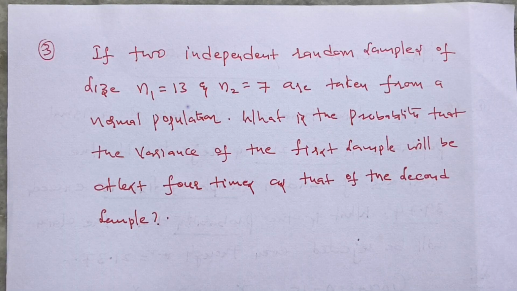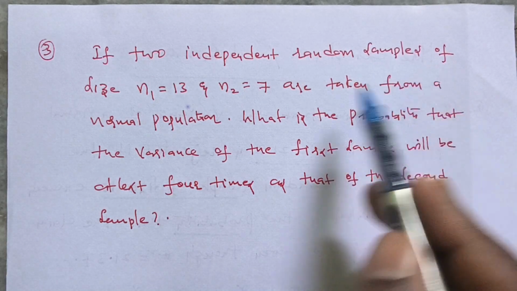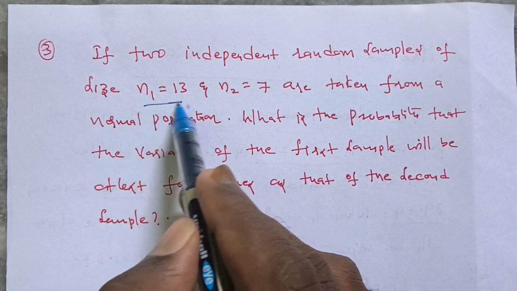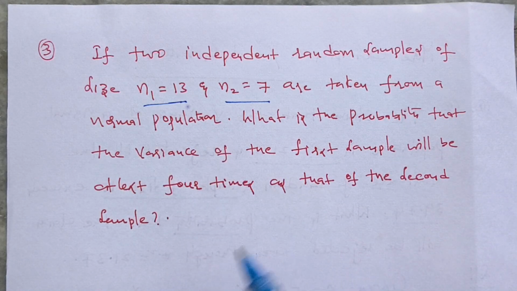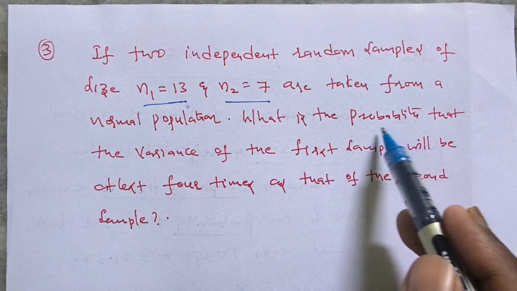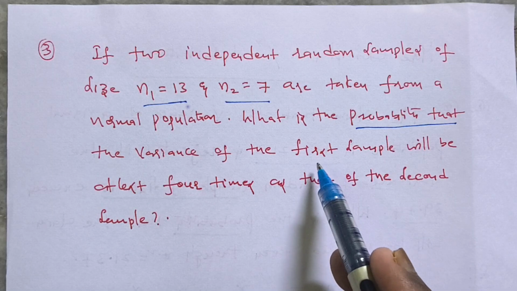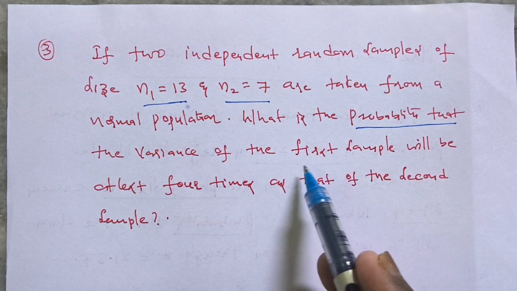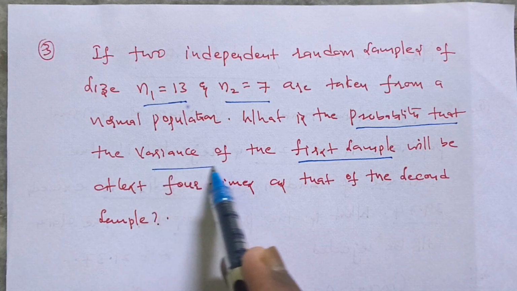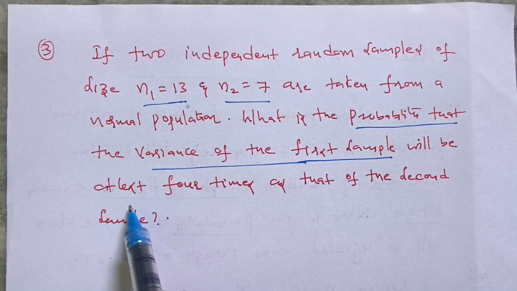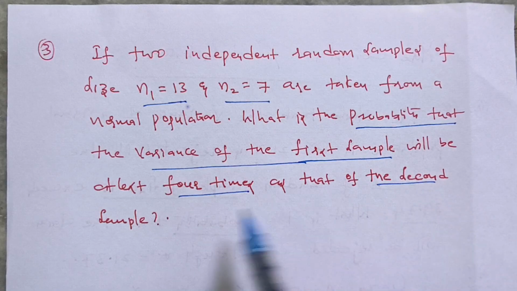Now coming to the next problem on F distribution: if 2 independent random samples of sizes N1 equals 13 and N2 equals 7 are taken from a normal population, what is the probability that the variance of the first sample will be at least 4 times that of the second sample?